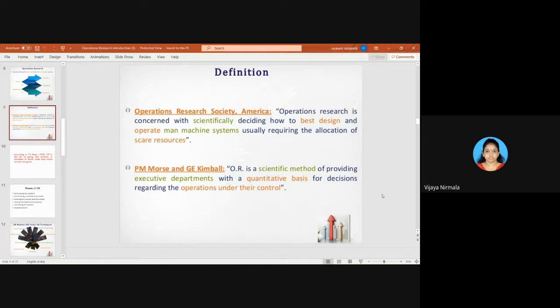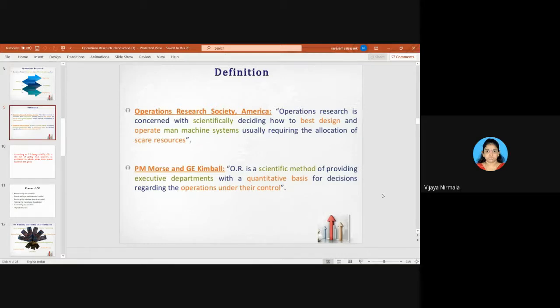According to another definition, by P M Morse and G E Kimball in 1946, operations research is a scientific method of providing executive departments with a quantitative basis for decisions regarding the operations under their control.